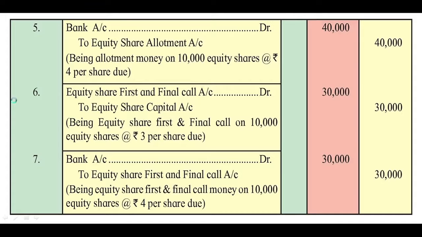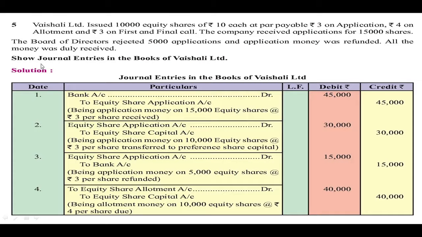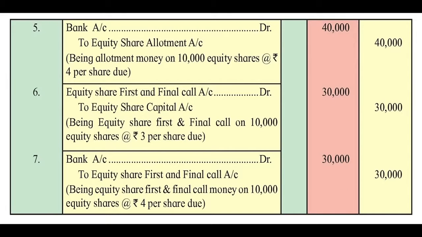Then the next is for the first and final call, that is rupees 3 will be received on first and final call. So 3 into 10,000 equity shares, that is 30,000. When the letter is sent to the shareholders to pay the call money, at that time the entry for the transfer of first and final call to share capital will be passed.